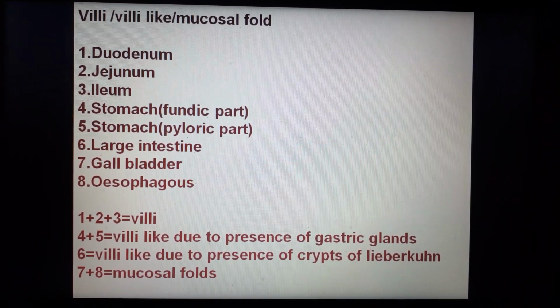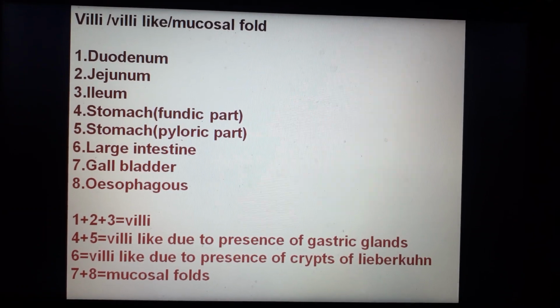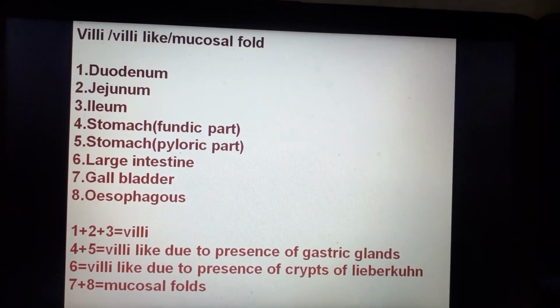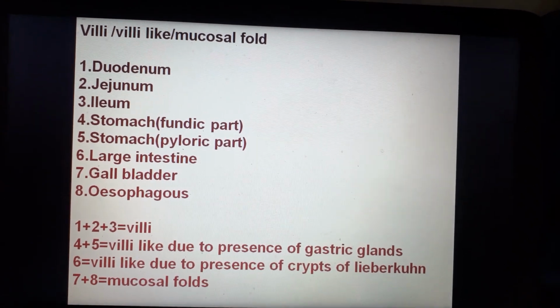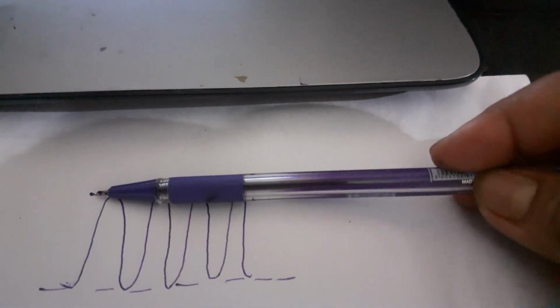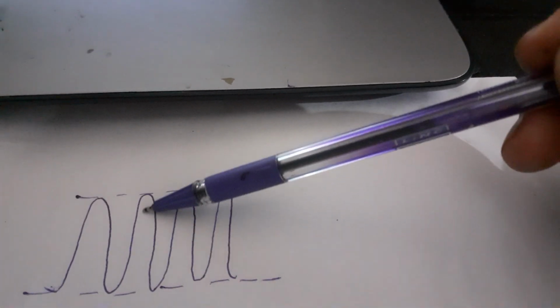And in the stomach, fundic and pyloric part, 4th and 5th, they look like villi due to the presence of gastric gland. Even though there is absence of villi in the stomach histological slide, the gland's position resembles villi.